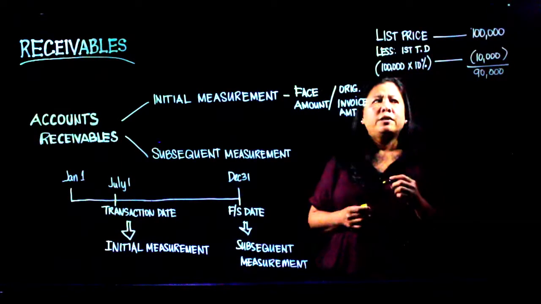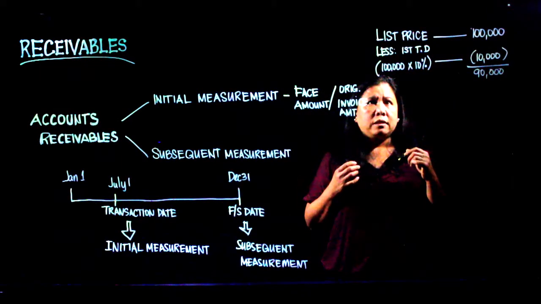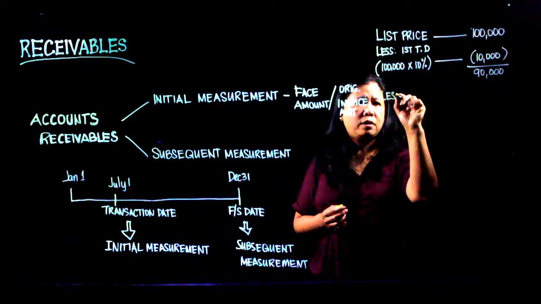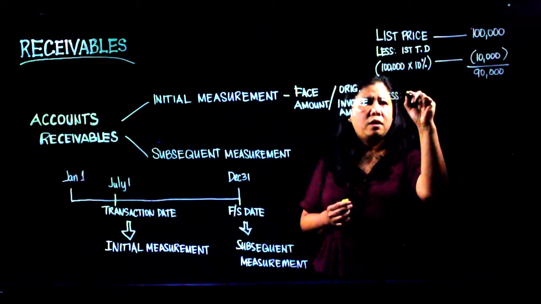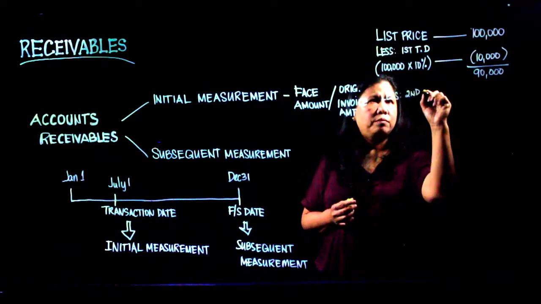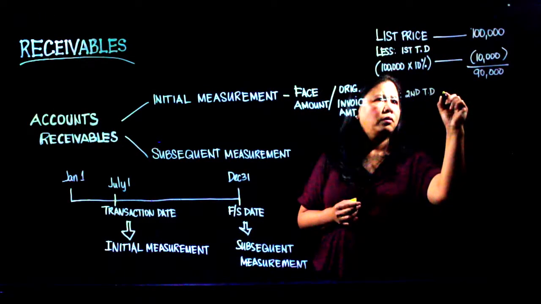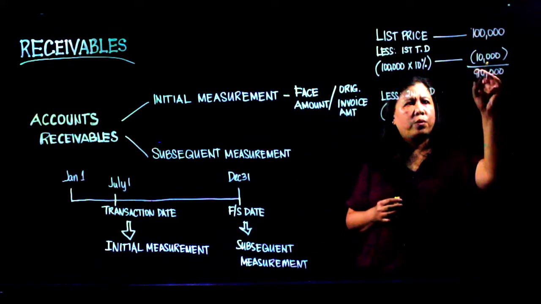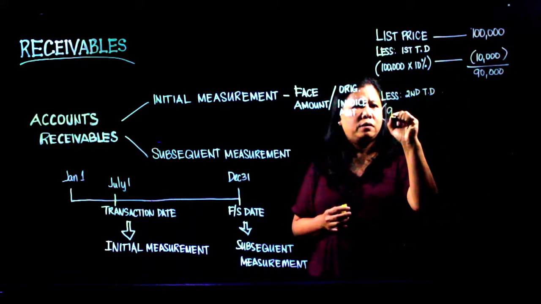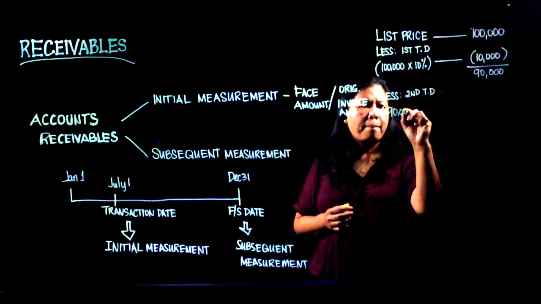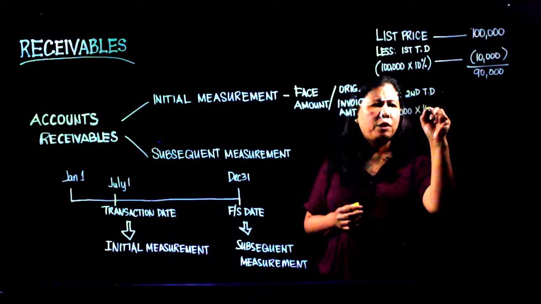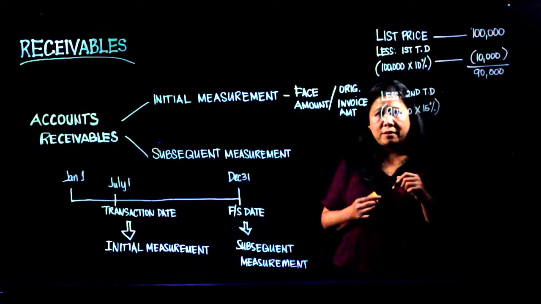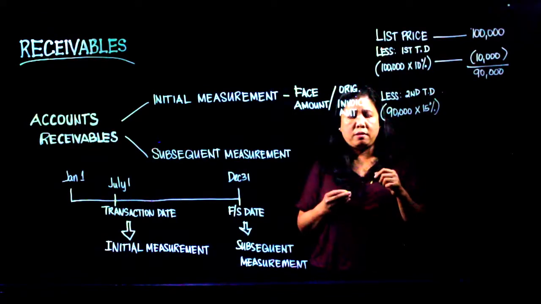All right. Now we less the second discount. So the company offers another discount, the second trade discount. From the second discount, we take 90,000 times the 15% second trade discount.